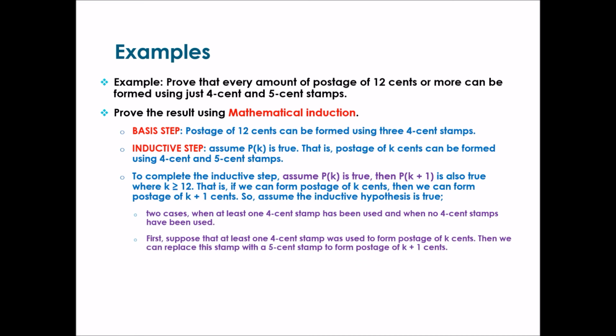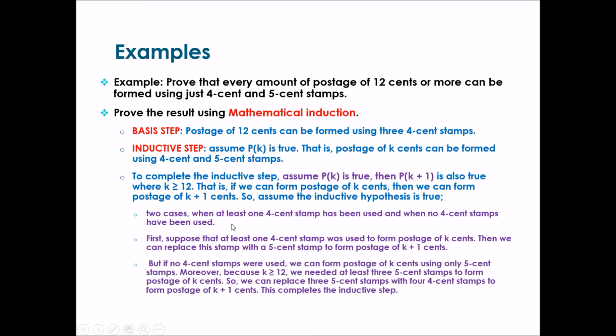Now there are again two cases: when at least one 4-cent stamp has been used and when no 4-cent stamp has been used. Okay, so let's consider the first case. Suppose that at least one 4-cent stamp was used to form postage of k cents. Then we can replace this stamp by a 5-cent stamp when we add 1.